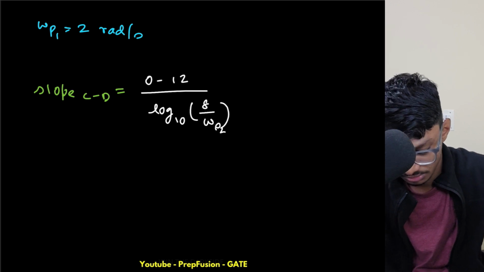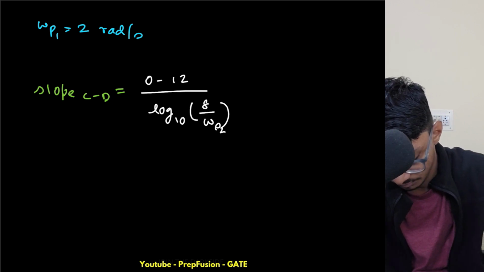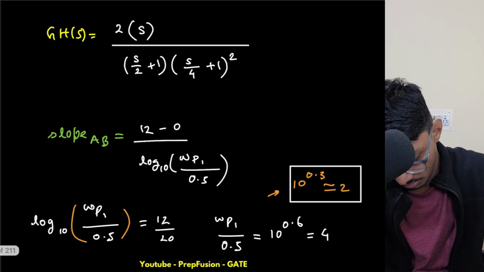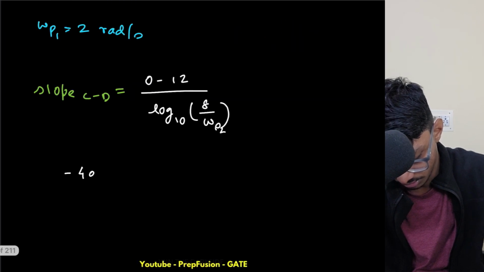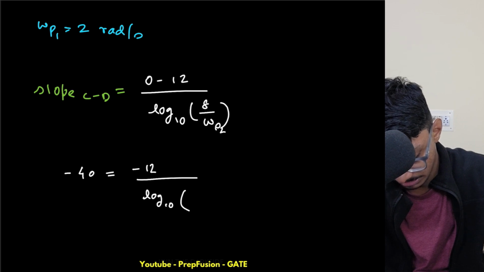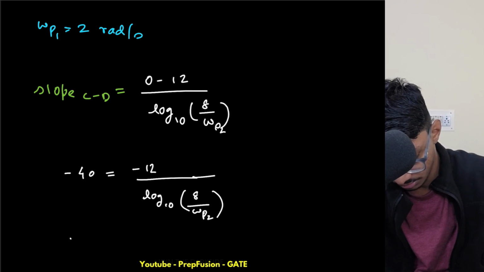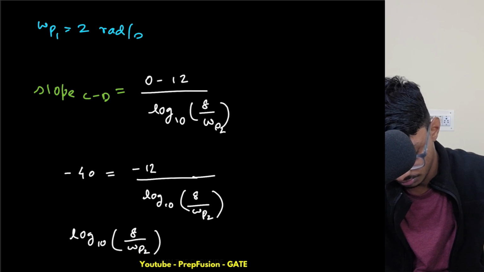And the slope here is minus 40. So this is minus 12 by log of 8 by omega p2.